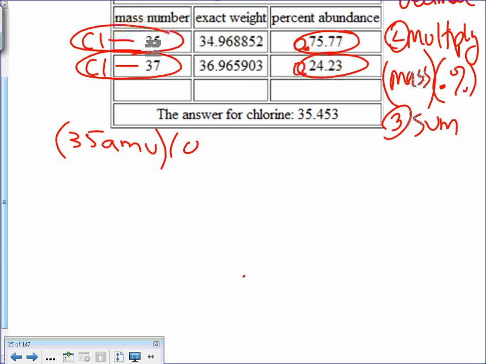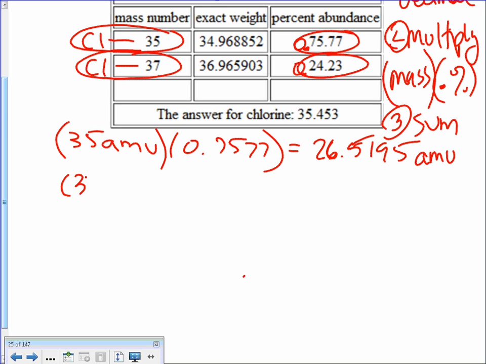Okay, so multiply by 0.7577. Somebody tell me what that is. I gotta find my calculator. There it is. 26.5195. I'm actually going to stretch those out because it's not my final answer yet, okay? AMUs, atomic mass units.